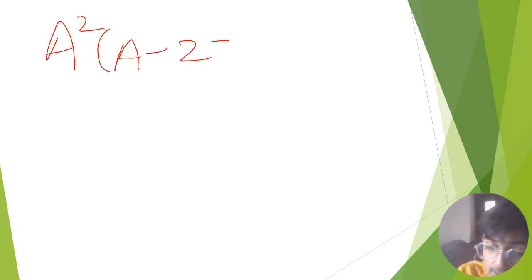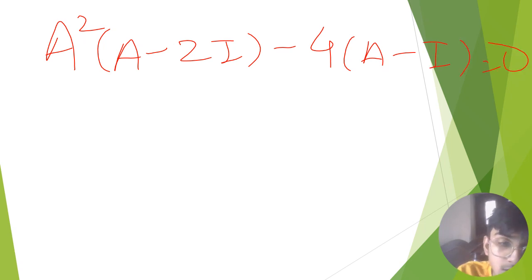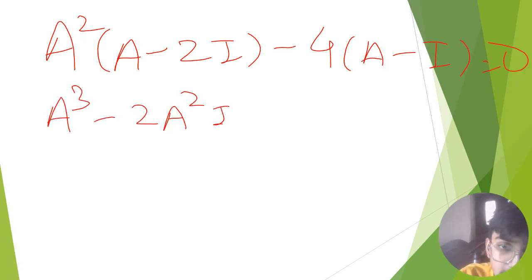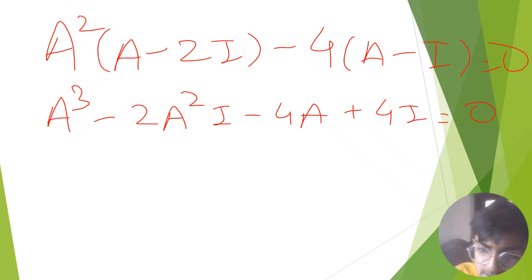Just see a square into a minus 2I, minus 4 into a minus I. Multiplying it, you will get a cube minus 2a square minus 4a plus 4I. Now a square into identity matrix will be a square only, right?